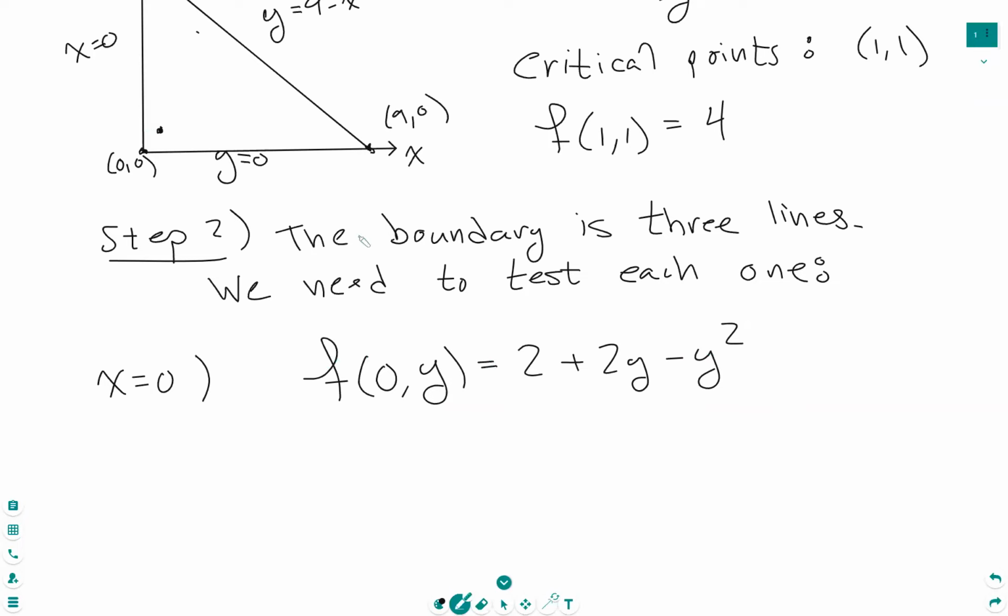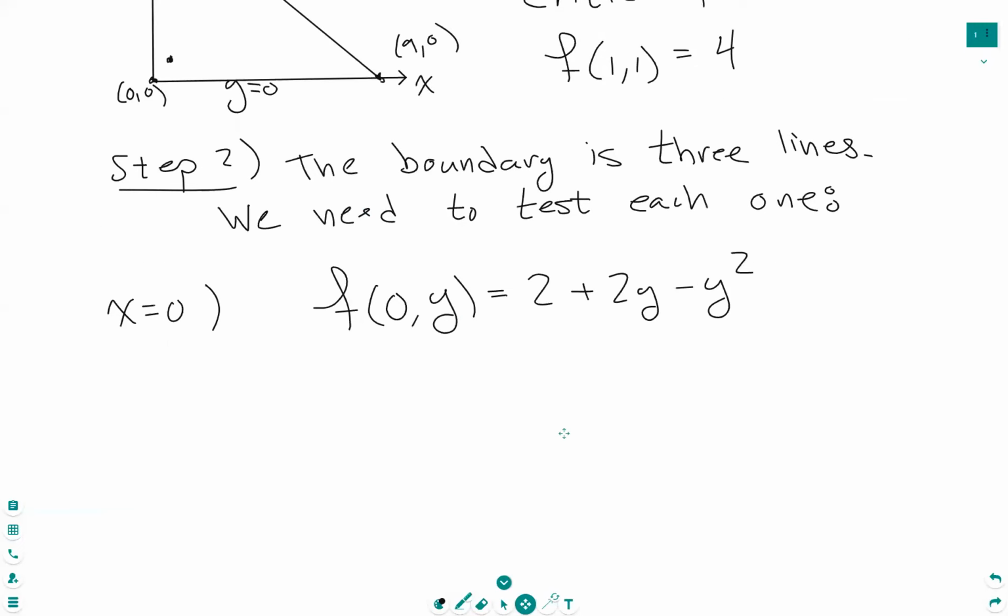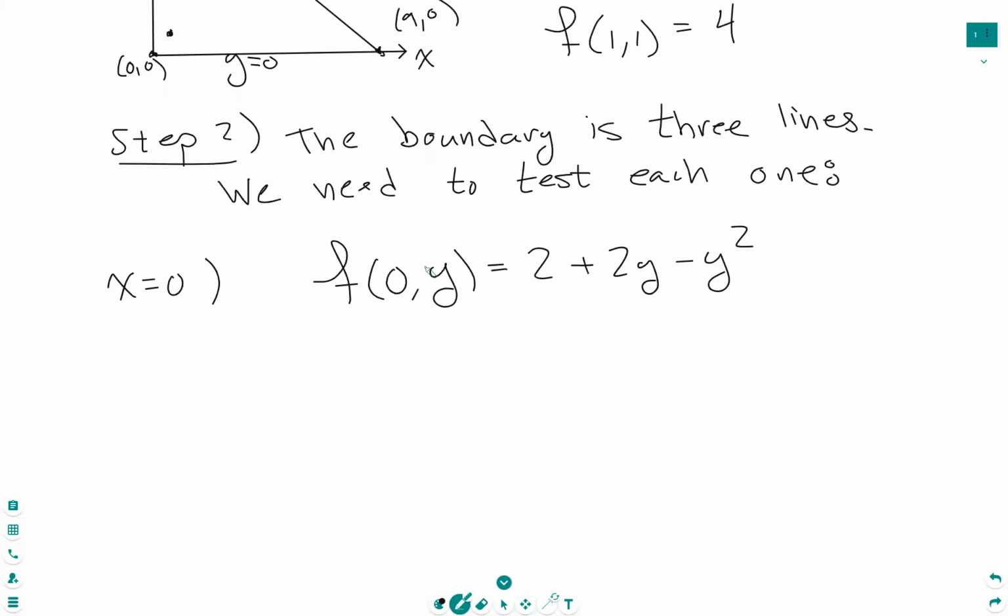How do we find the local extrema? Well, this is the Calc 1 way: take a derivative, find out when it's equal to 0, and then test those points. Notice this is now a function of only one variable because we plugged in this curve, so you can take a total derivative.